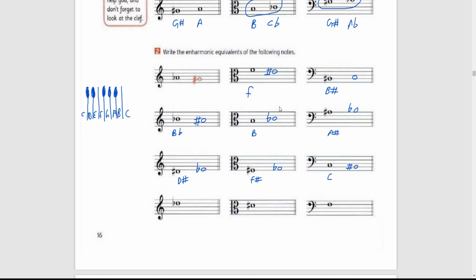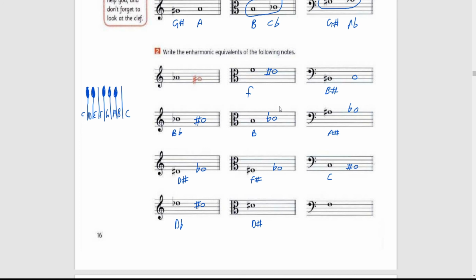Okay, now next one, this one is on the fourth line. So this is D flat. So D flat is C sharp. So make it C and make it sharp. Okay, next one, this is D sharp. So D sharp can be E flat.